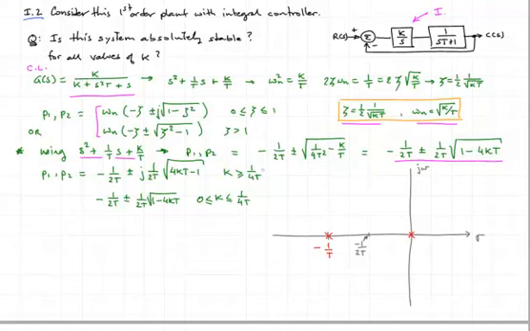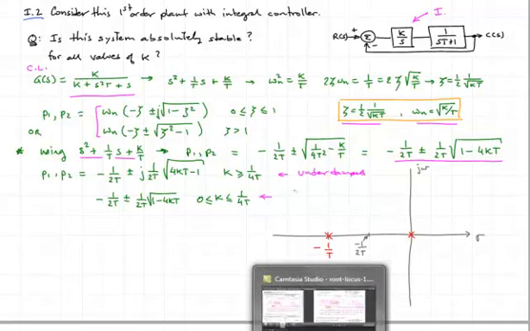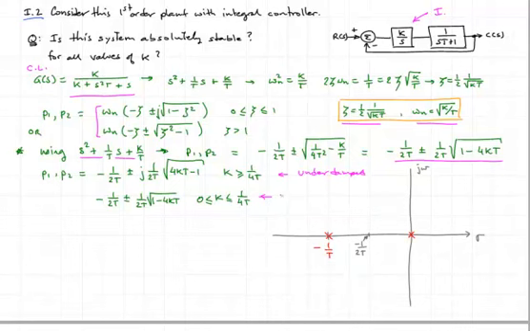So we have 2 cases. One is going to be when k is greater than or equal to 1 over 4t. In this case, we will have complex conjugate roots and an underdamped system. And when k is between 0 and 1 over 4t, we'll have an overdamped system.